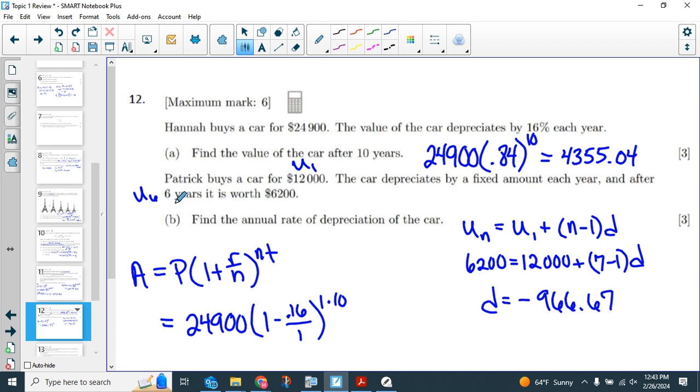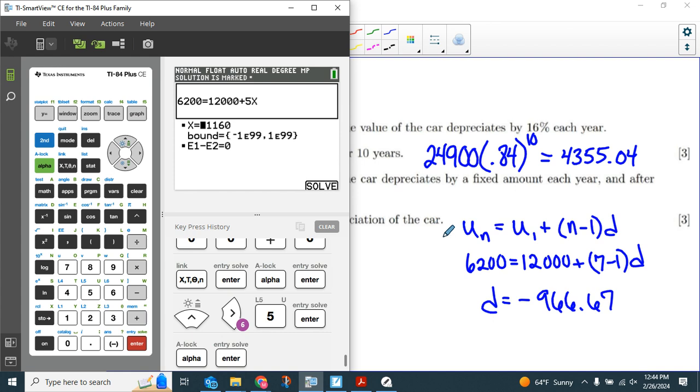Because if you're saying after 6 years, then this is how much it's losing each year. Unless you're saying as soon as he drove it off the lot, it depreciated 1160.